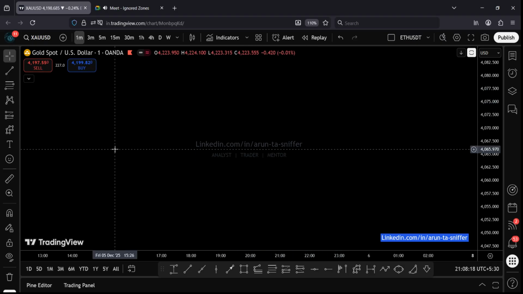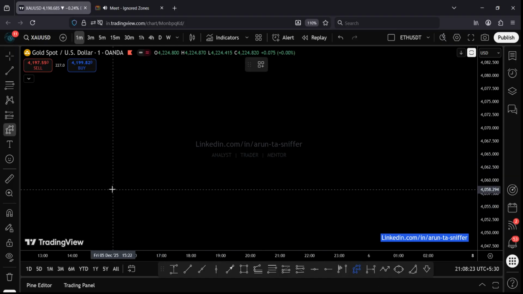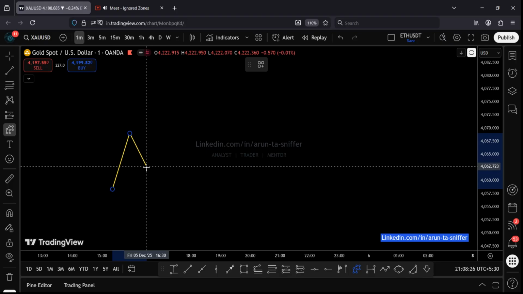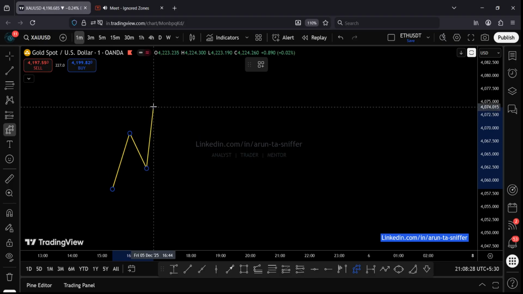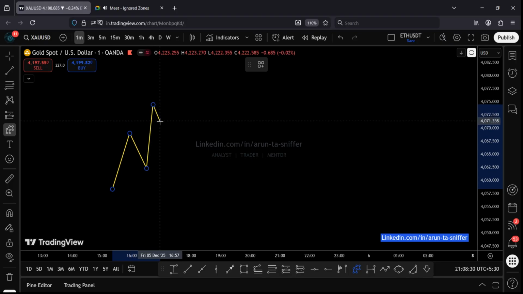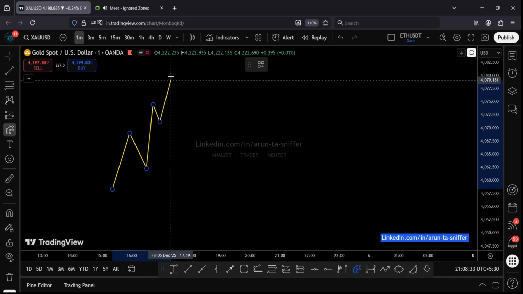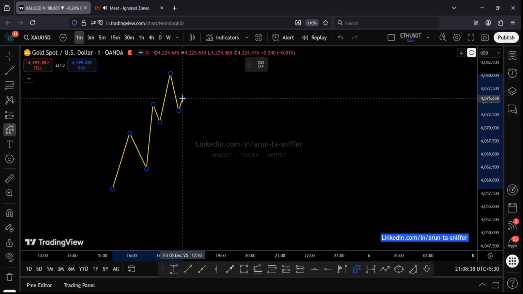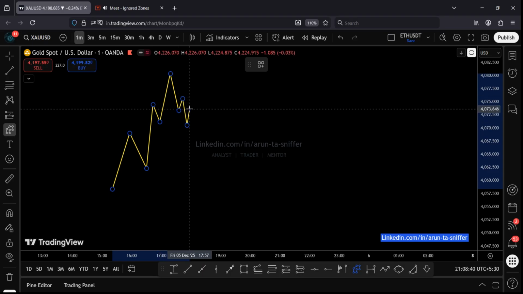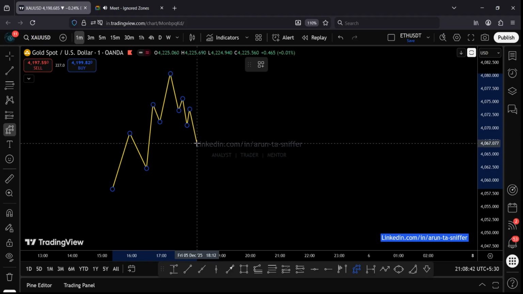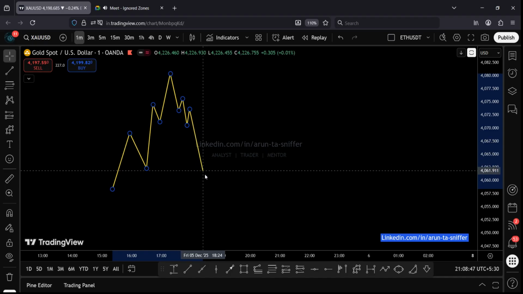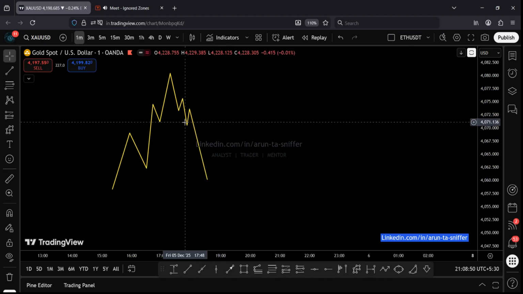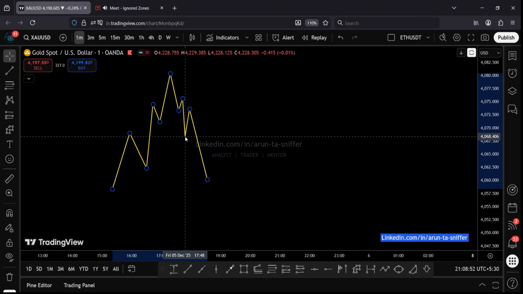As you know, when we trade QM, what happens? Price goes up, makes a high, comes back, makes a low, goes up, makes another high, makes another low, goes up, comes down, makes a king here or swap here, comes down like this.